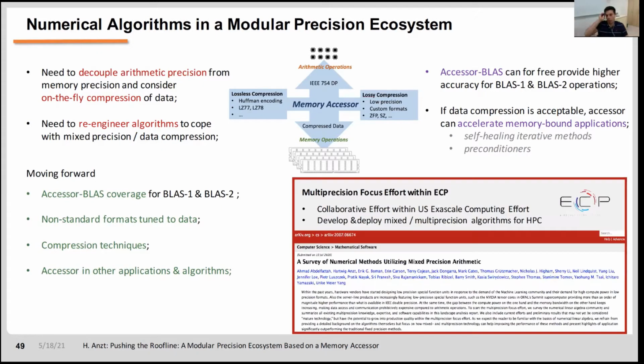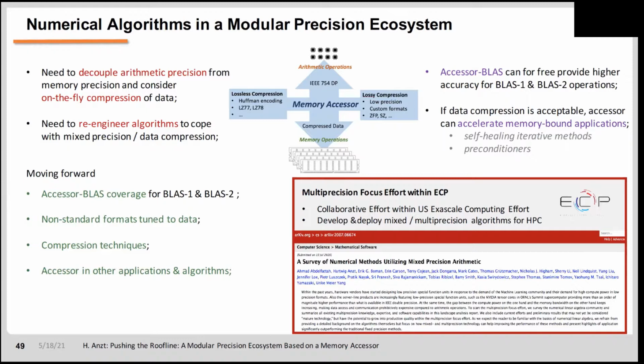In the end, I want to point out there is an effort in the US Exascale Computing Project that is looking into what is possible if we use multi-precision and mixed precision algorithms. How much can we gain in terms of performance, and how much is also possible in terms of increasing the accuracy beyond double precision.